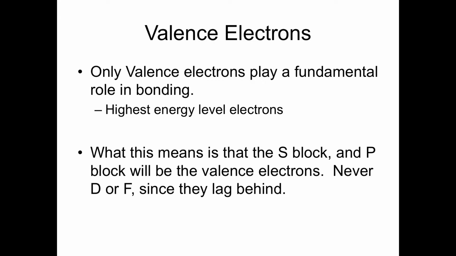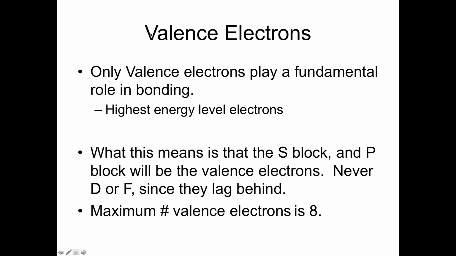So 3D kind of lags behind 4S and 4P. So basically valence electrons are any electrons that are in the S block and in the P block. And the maximum number of valence electrons you can have, or things want, is 8.